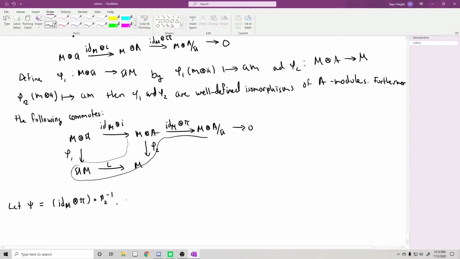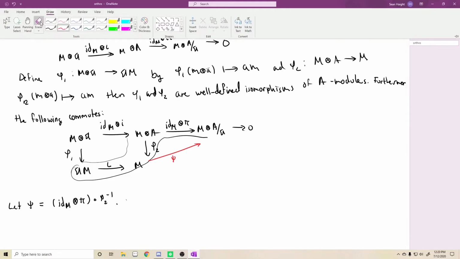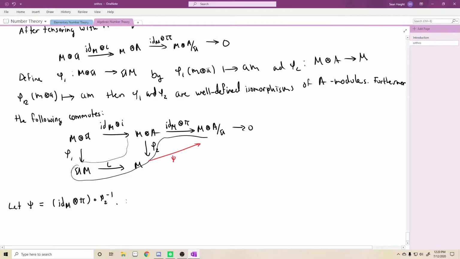So let me go ahead and draw an arrow here. So essentially, this is psi, and it makes that diagram commute. We see that psi from m to this thing is surjective.